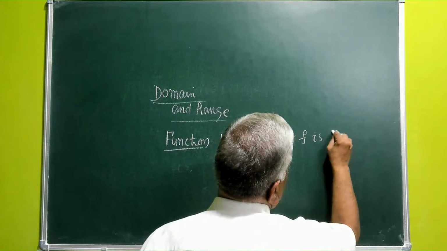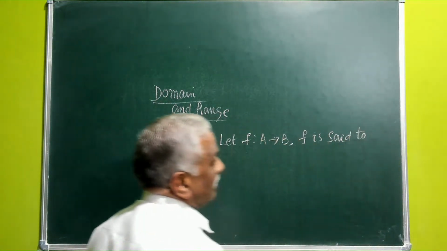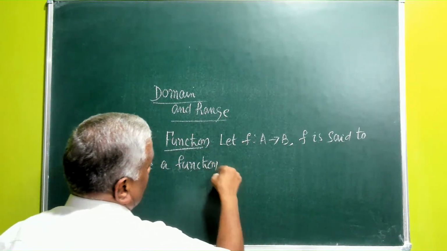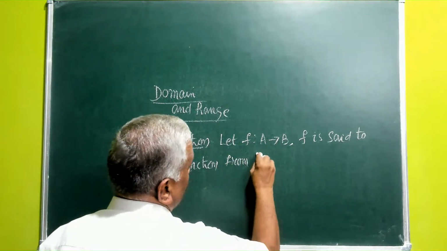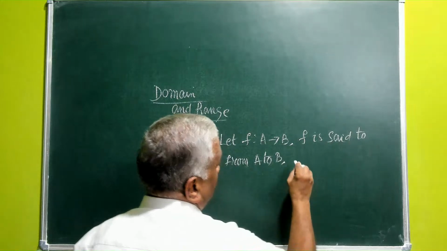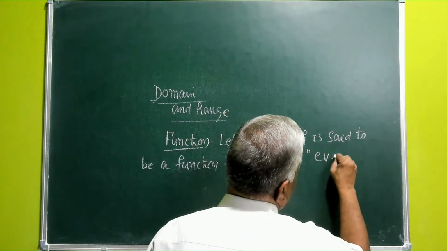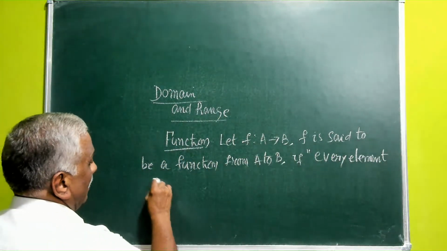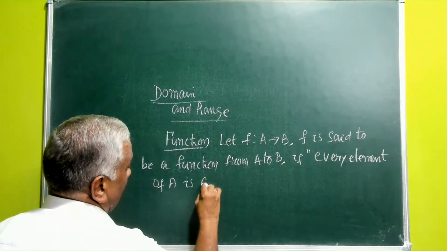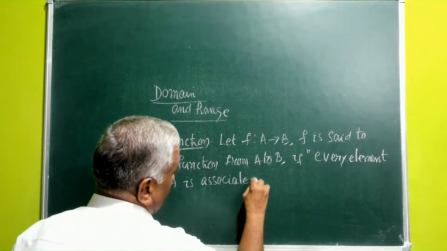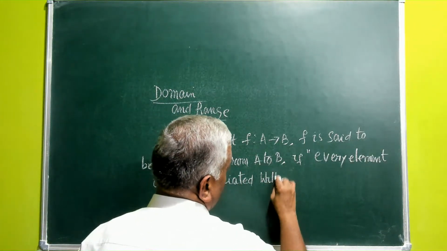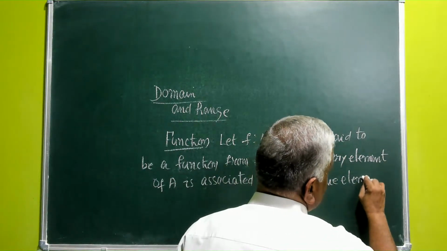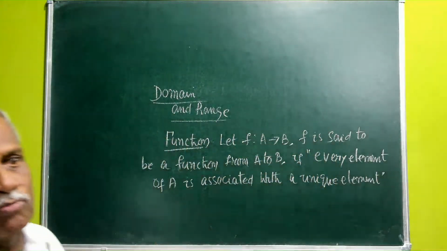F is said to be a function from A to B if, this definition is very important, every element of A is associated with a unique element of B. I'm spending a little more time here because if this concept is clear, you can work any problem in functions.